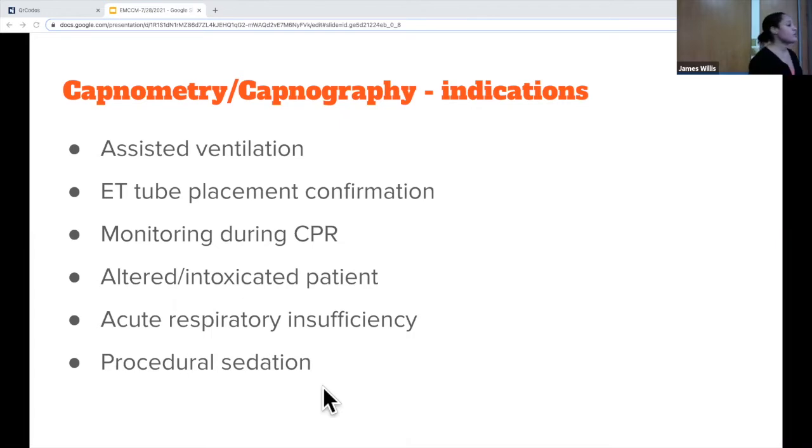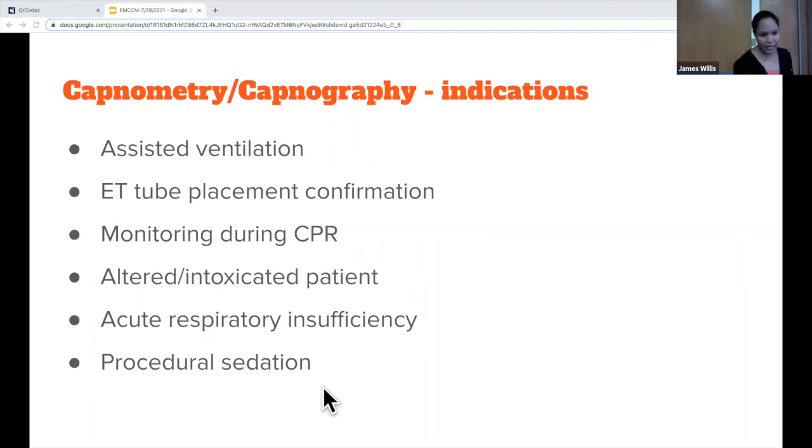We use it during CPR sometimes. It can be useful in recognizing that you're doing adequate compressions and in recognizing ROSC earlier. There are some confounders, but it can also be used to make determinations about prognosis. Is this person likely to get ROSC or survive?